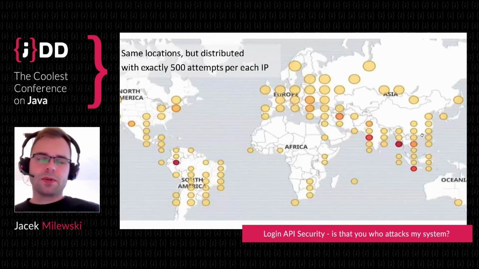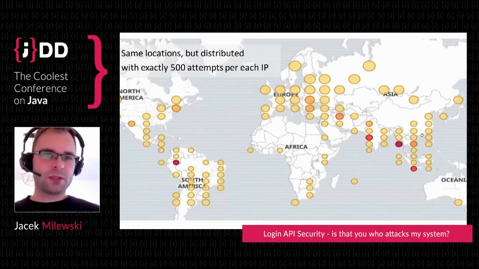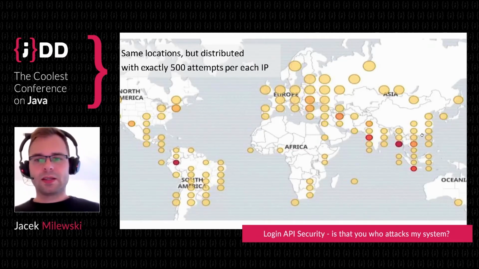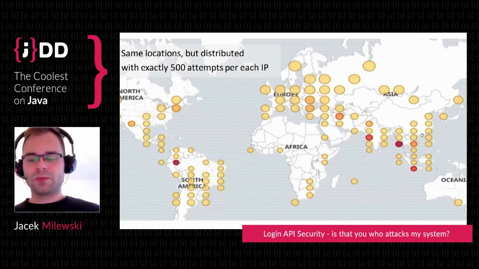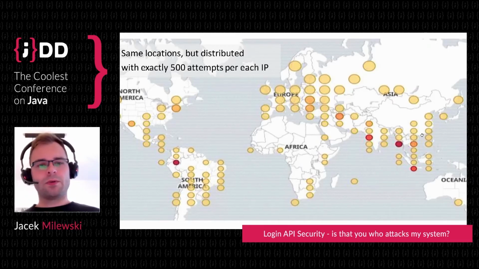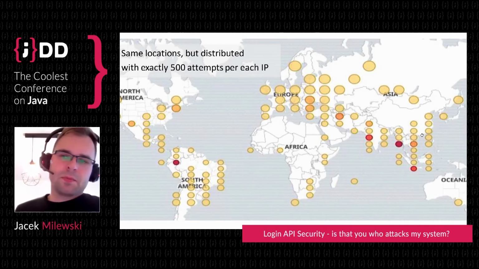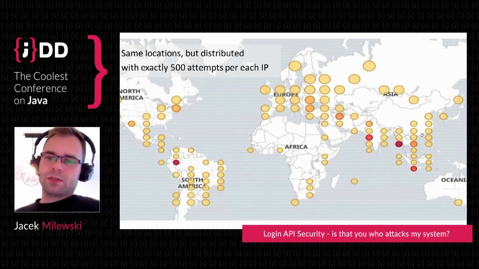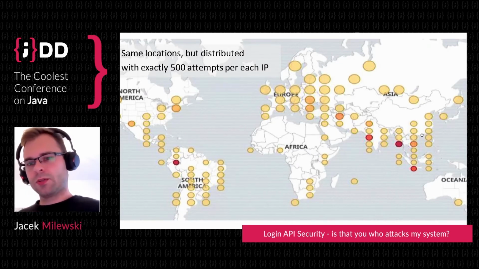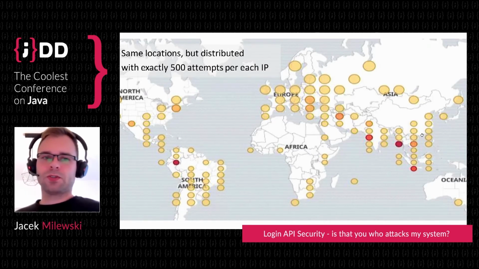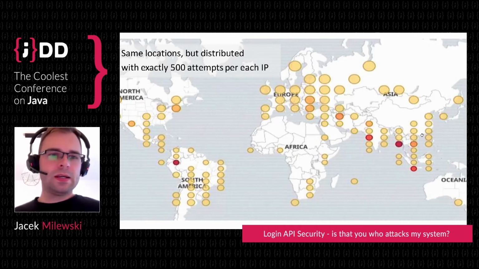The next type, yeah, it's time for a distributed attack. Still, the same locations as before are dominating. However, there are many more other locations. We have this geo IP database, so they are not 100% accurate, but you know, it's a pretty good approximation of locations.